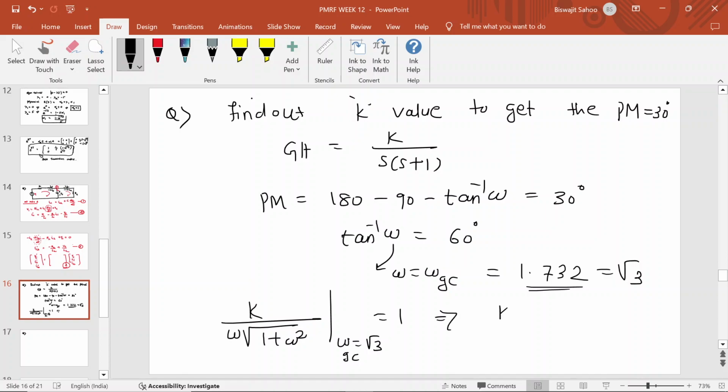So k divided by 2 root 3 should equal 1, which implies k equals 2 root 3. This is the answer for the question.